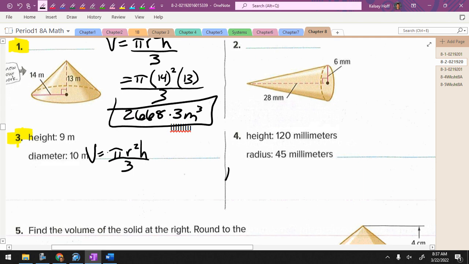Don't let them fool you, right? Why does she say that? Courtney? Ooh, very good. It says diameter. Can I use diameter? No. What's the first thing I have to do? Divide that by 2. So you really want to use 5 as your radius.